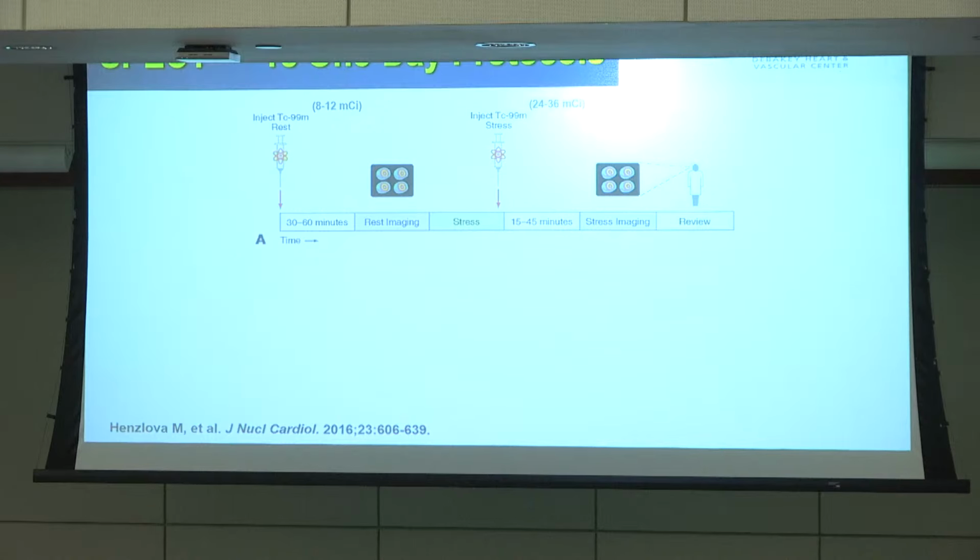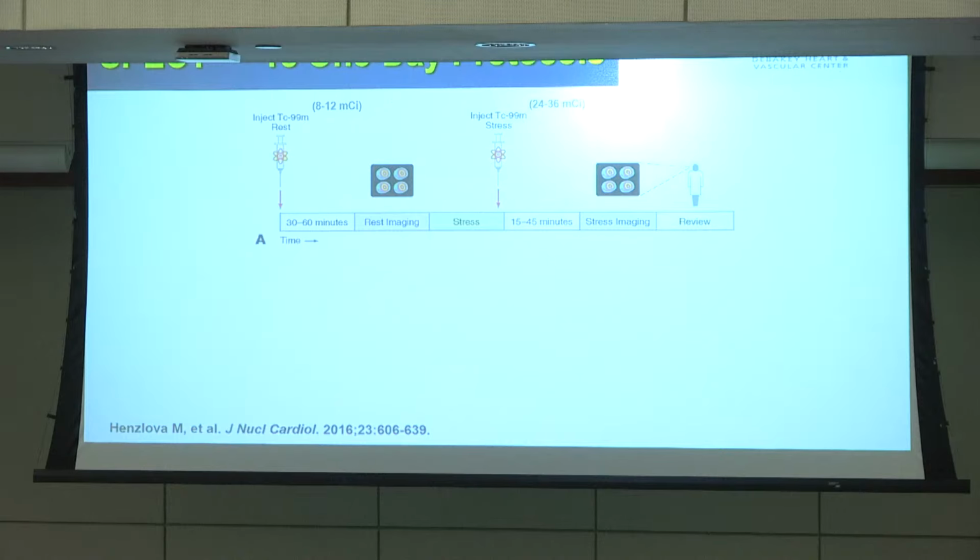But I can tell you the most common, probably 90% of the sites, is a single-day protocol, rest-stress. When we looked at Medicare data, that's the most common protocol that people use. They start with the rest dose, in which you inject 8 to 12 millicurie, so your images are a little suboptimal because of the lower image quality.